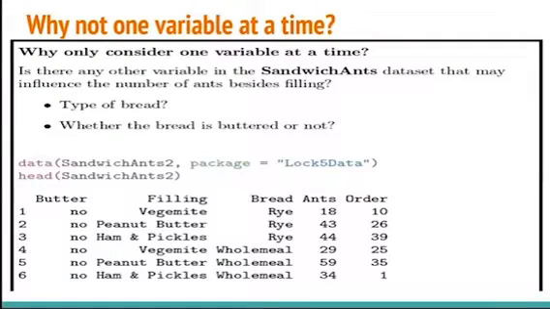I'm going to walk you through the example that we started the other time. And I'm also going to cite more examples. You remember the other time we were considering the effect of type of sandwiches in attracting ants. We only considered one categorical factor, which is type of sandwiches.